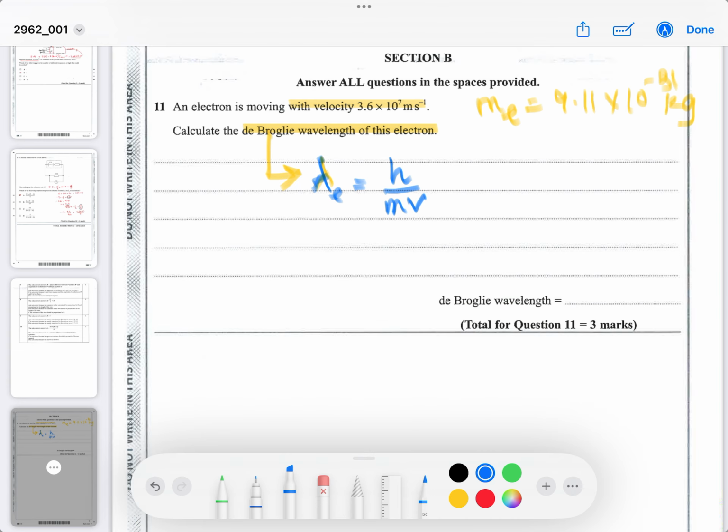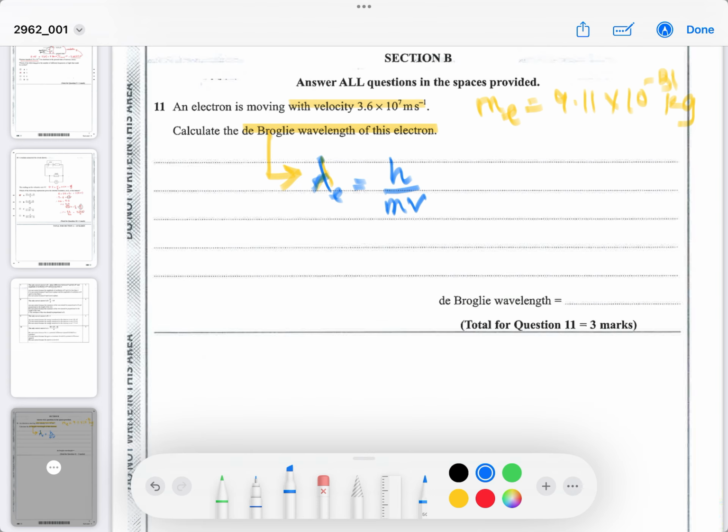So basically a faster moving electron will have a smaller wavelength, and a smaller wavelength allows you to probe material more easily. So you should equate the smallness of the wavelength with the resolution that you can get down to. Okay, the more detail you can see.